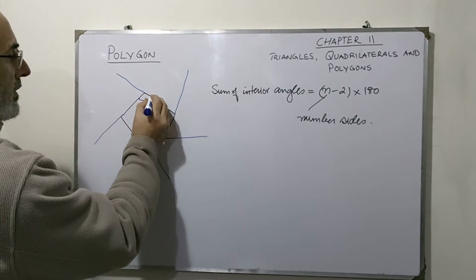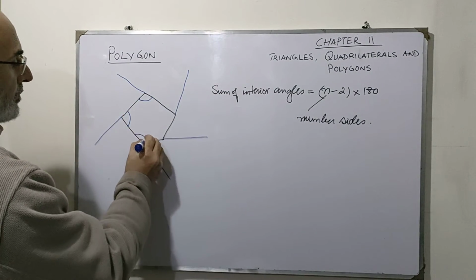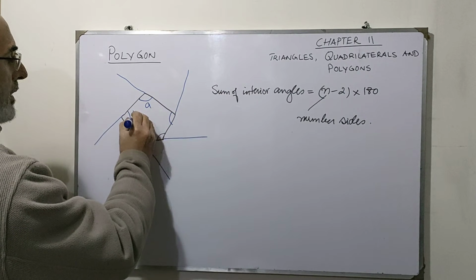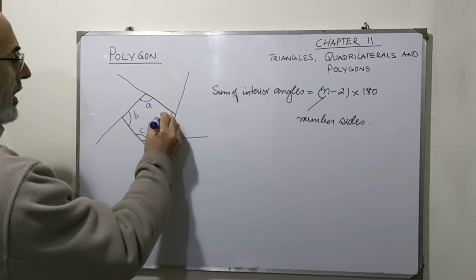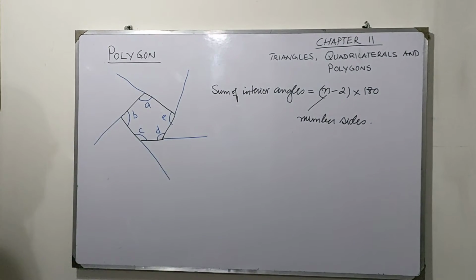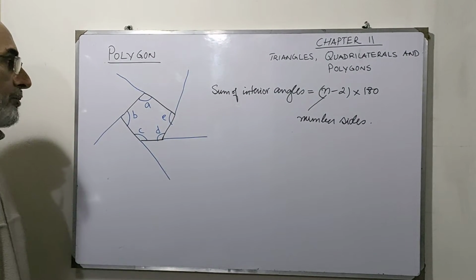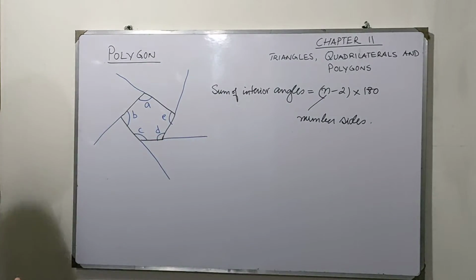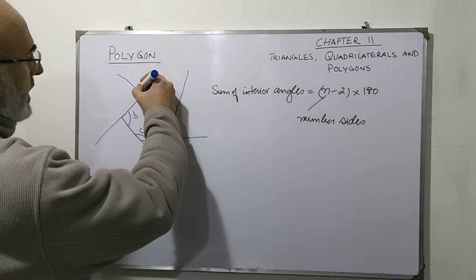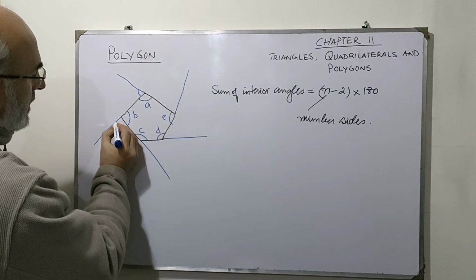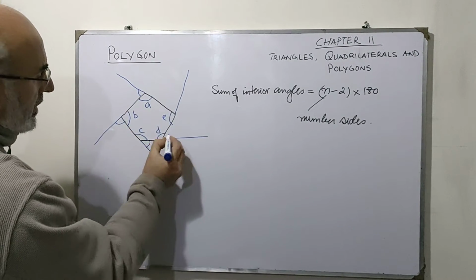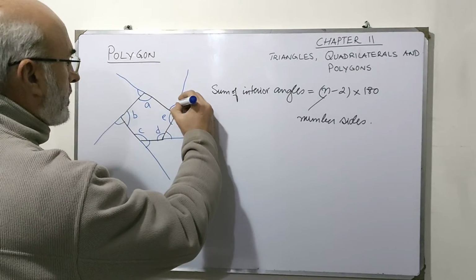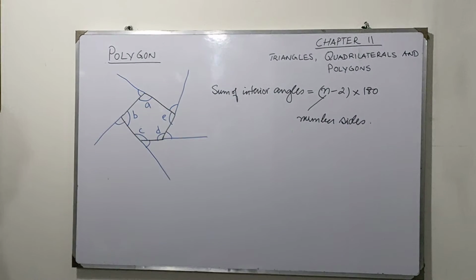And these are the interior angles, and I can name them A, B, C, D and E, right? And all these straight lines which I have extended are making an exterior angle. Here is an exterior angle, here is an exterior angle, here is an exterior angle, here is an exterior angle, and here is an exterior angle. Okay?